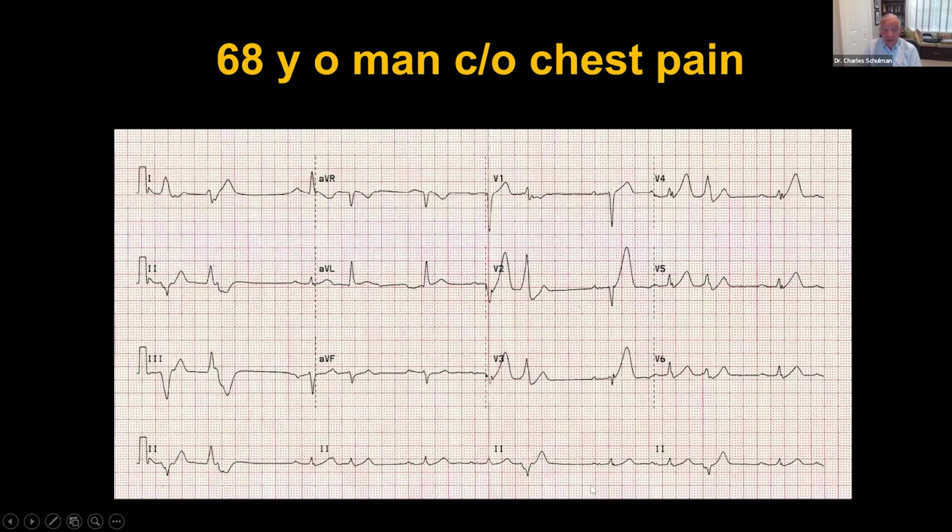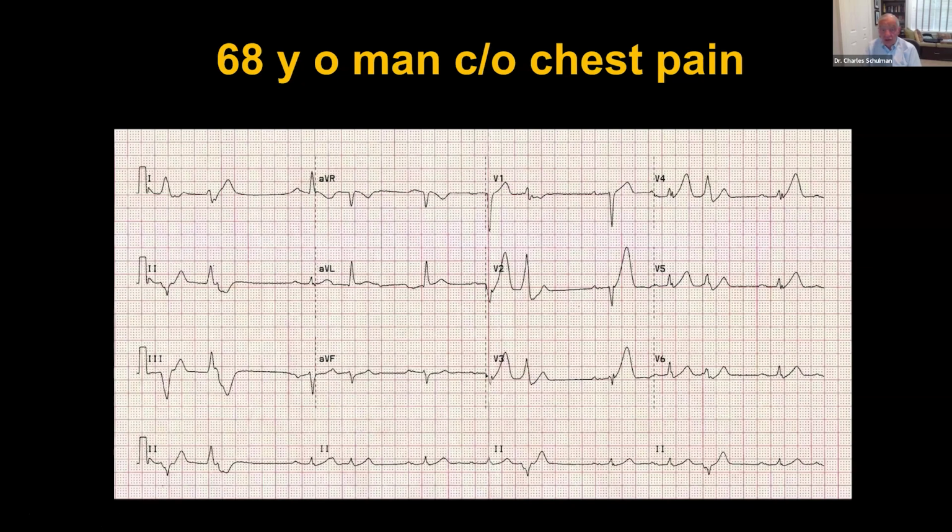And if you look here in leads V2, 3, and 4, especially V5 also actually, the T waves are very tall, way out of proportion to the size of the QRS. So this is a hyperacute T wave.